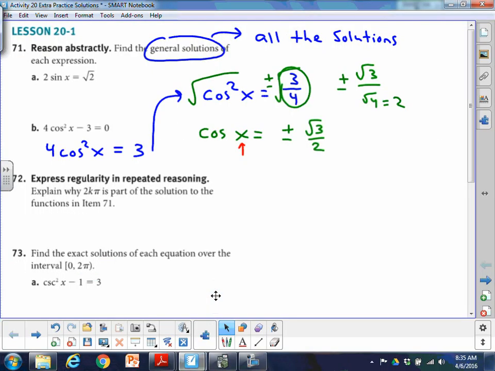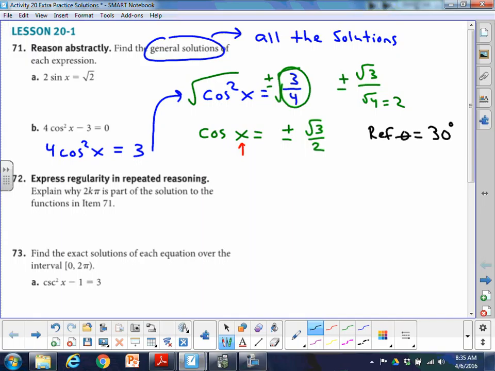Now, since we have this plus or minus, let's jot this down. The reference angle is 30 degrees. I really could have the cosine being positive root 3 over 2 or negative root 3 over 2. If you think about all 4 quadrants here, if we're in quadrant 1 and that's 30 degrees, then the actual angle is 30 degrees.